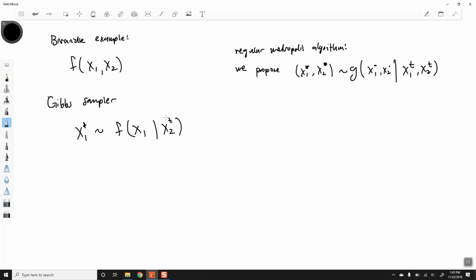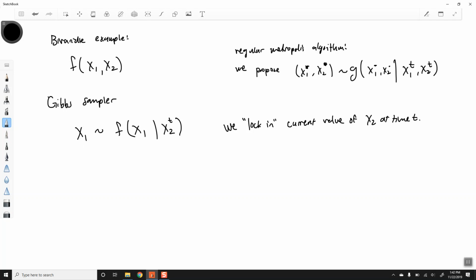So we use the current value. Basically we lock in the current value of x2 at time t. Okay, and we get this.